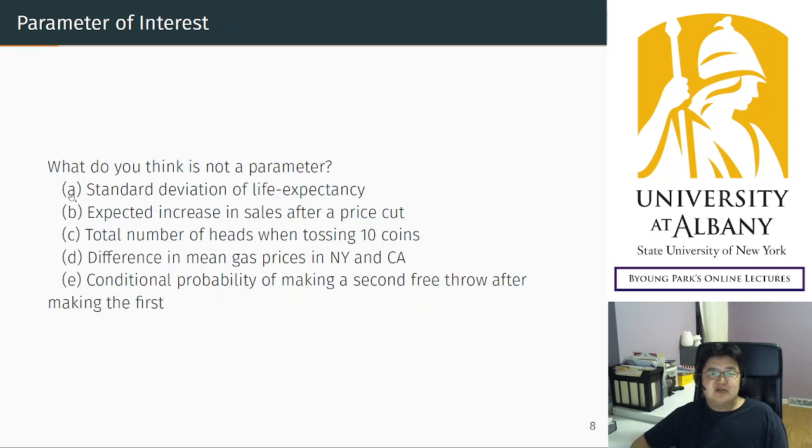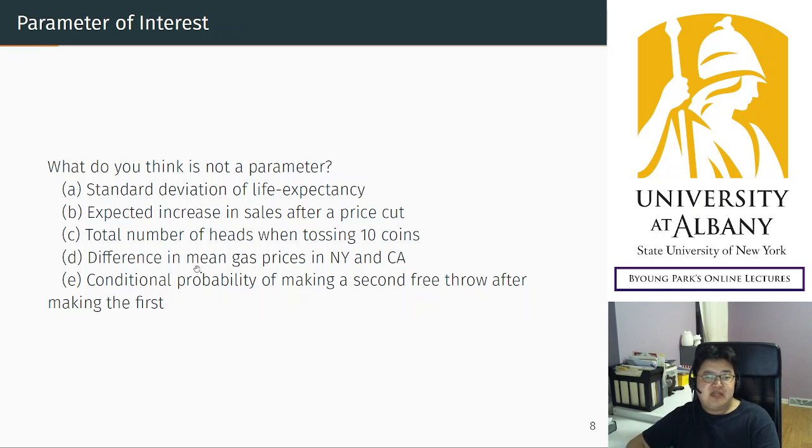Hypothetically, if you can observe an infinite number of observations, for example, if you know everyone's life, then you can calculate this. And if you can repeat this experiment an infinite number of times, like a price cut is an experiment, you can calculate the average increase.